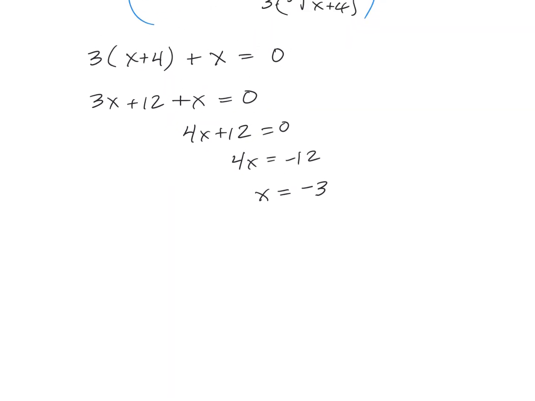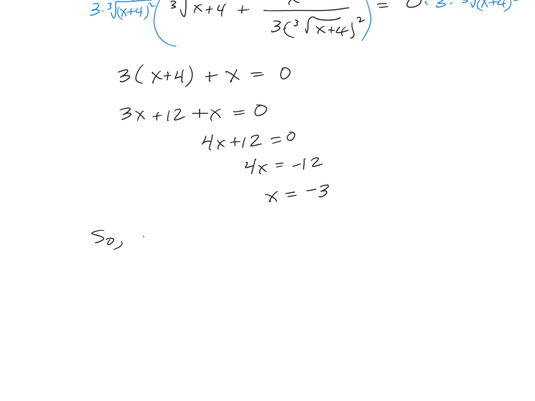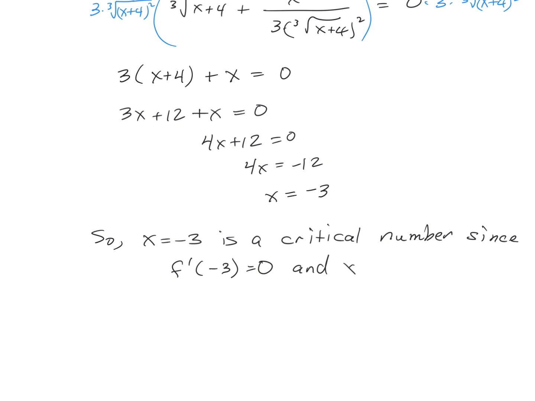So x equals negative 3 is a critical number, since f prime of negative 3 is equal to 0, and x equals negative 3 is in the domain of our original function f of x.